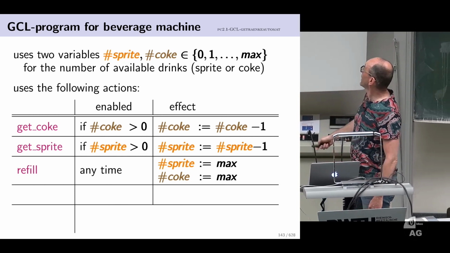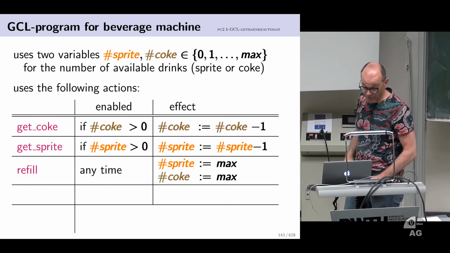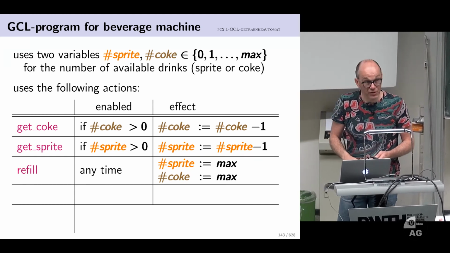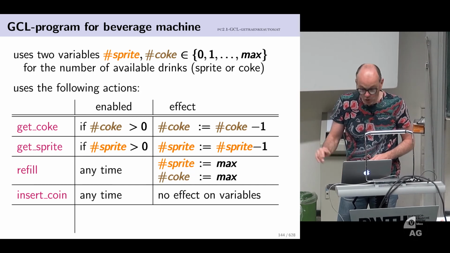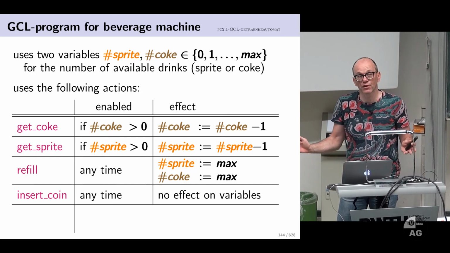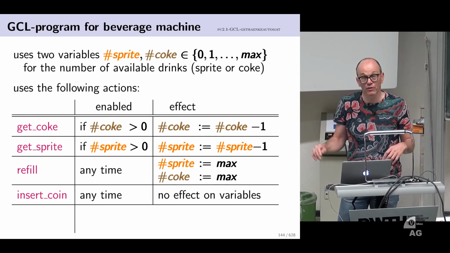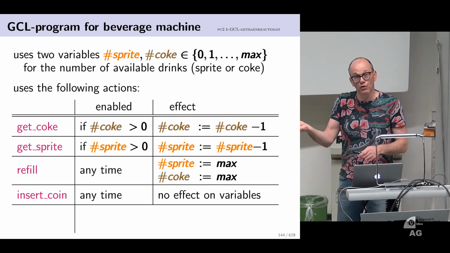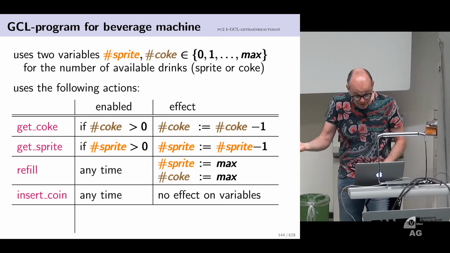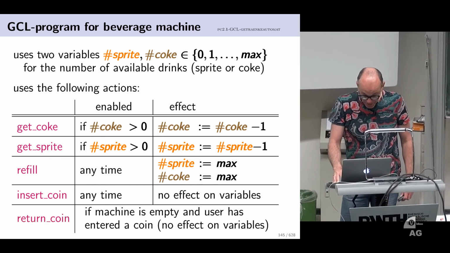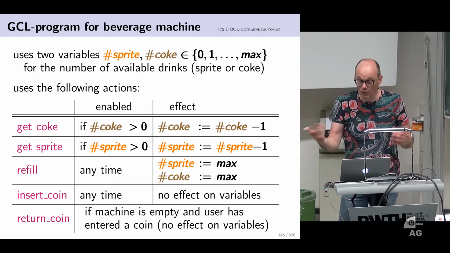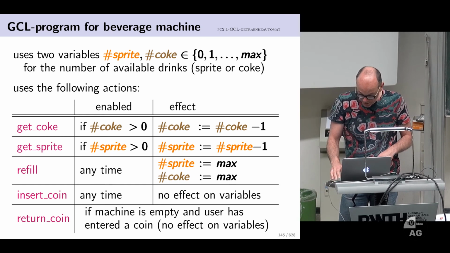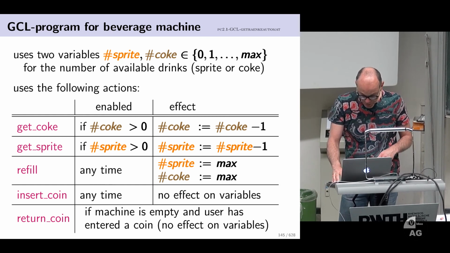And now two things happen: I put the maximal capacity on both Sprite and Coke bottles. When can you insert a coin? That's always possible. Inserting a coin does not yet have an effect on the variables because you first have to indicate whether you want to get Coke or Sprite. And then you can return a coin, so it's a fair machine. If the machine is empty and you insert a coin, then you get back your coin, and this has no effect on the variables.